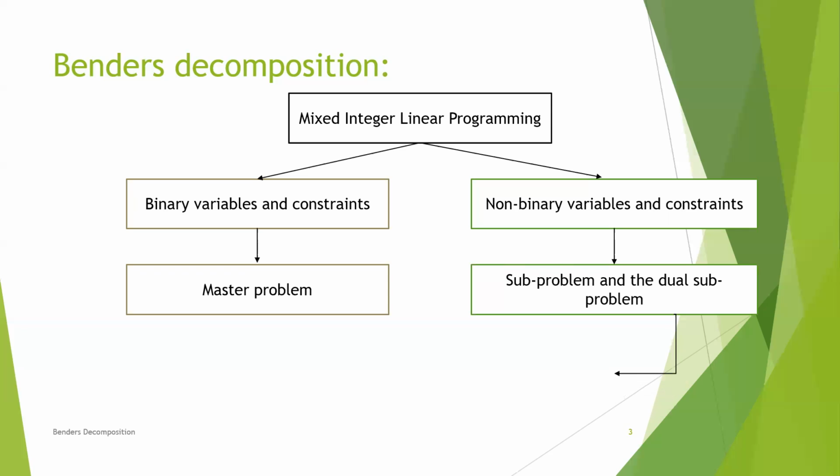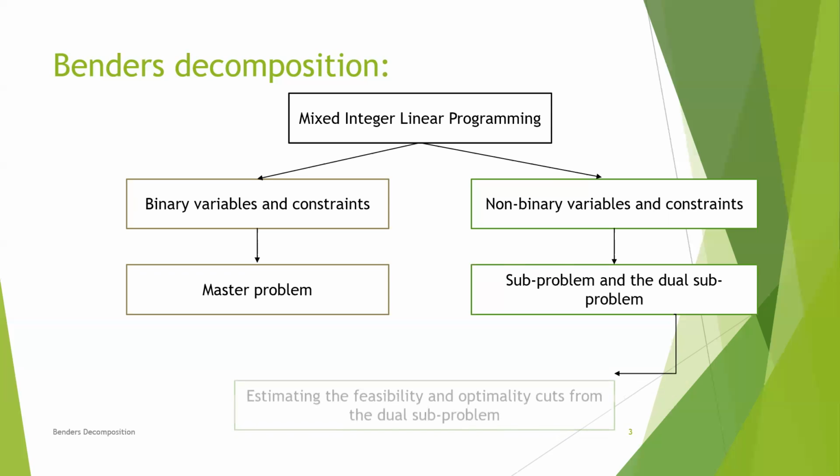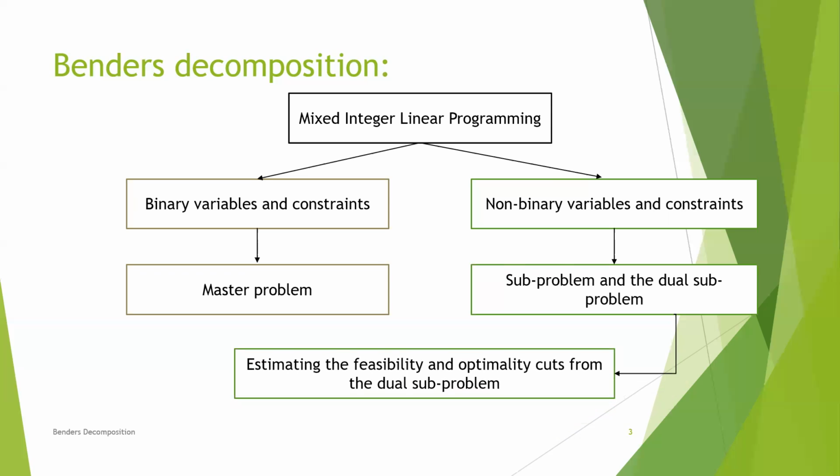Based on the dual of the subproblem, we can create feasibility and optimality cuts, which can be added to the master problem. So it creates a cycle in which, at each iteration, we update the feasibility and optimality cuts and run the master problem to see how we can improve the solution to find a near optimal solution.